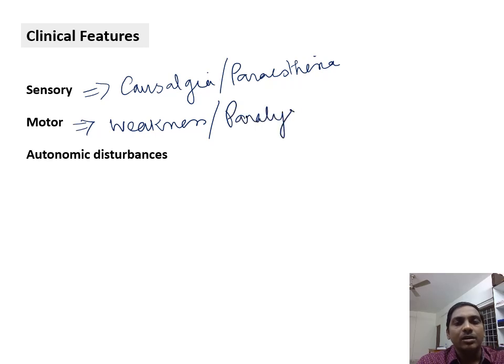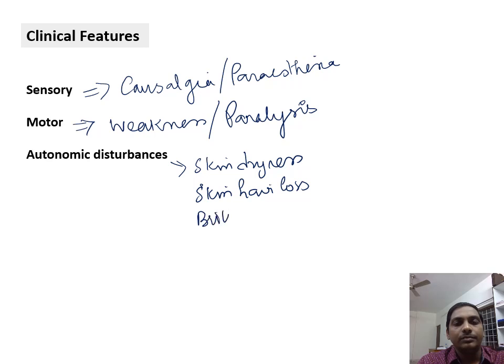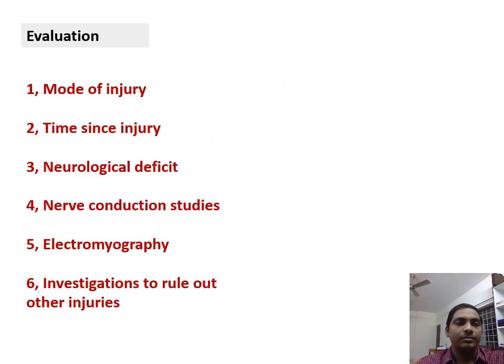On autonomic disturbances, there can be skin thickening, skin dryness, hair fall, that is skin hair loss, everything can happen. Nails can be brittle along the course of the nerve, right? These are the common clinical features.